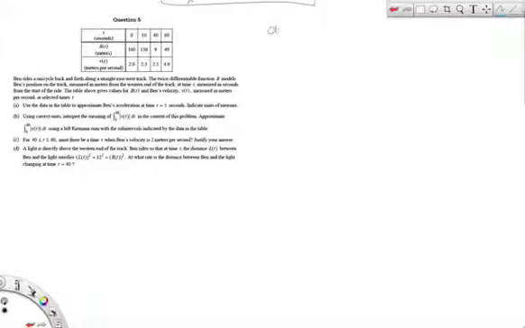So for part A, I'm simply going to find v of 10 minus v of 0 over 10 minus 0. So I'm going to find the average rate of change between the points around it. So that's going to give me v of 10 is 2.3 minus v of 0 is 2 over 10.